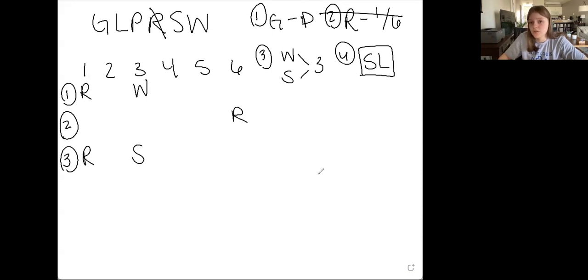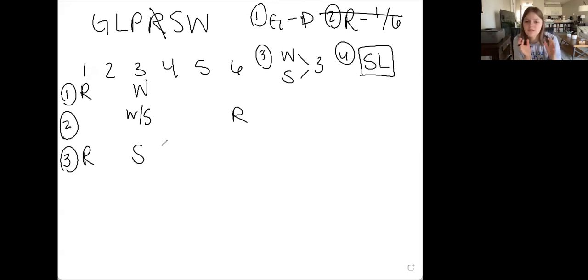The other thing that you can do, if we're talking about shorthand, if I'm looking at the rest of my rules, W and S don't show up in any of my other rules. So they're not connected to any of the other rules. It's not like we also have to make sure L doesn't touch W or anything like that. So you don't have to necessarily split that up. What you could do is write W/S in spot 3 and know that I'm going to have to pick one. It's like when we do our slash when it can go in one or the other, we have to pick one or the other.